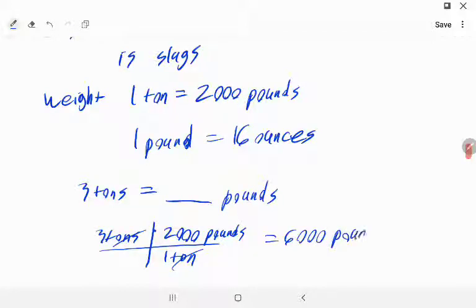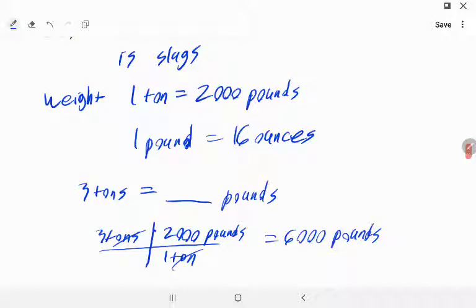And so the nice thing about this system is that if you don't get the target unit that we wanted, we know something has gone wrong. If we wind up getting 3 tons is equal to some number of tons squared per pound, something has gone wrong, because there's virtually no reason to ever measure things in tons squared per pound.